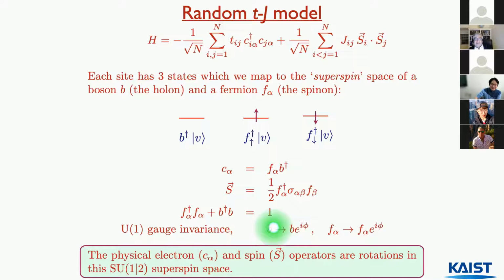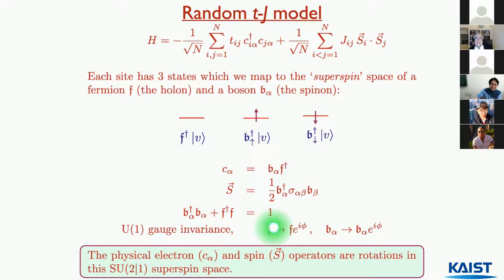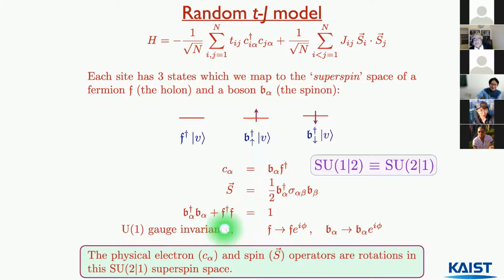It's just the same theory. Conversely, I can also do it the other way around. You can make the holons fermions and the spinons bosons, and this will give you the group SU(2|1). It's all exactly the same. Fortunately, if you open up your book on supergroups, it'll tell you these two groups are the same. So nothing has changed. Where we put the statistics doesn't matter.